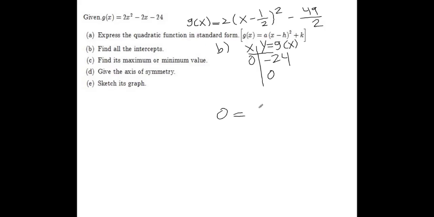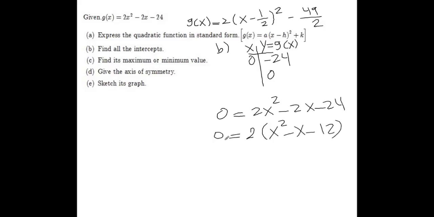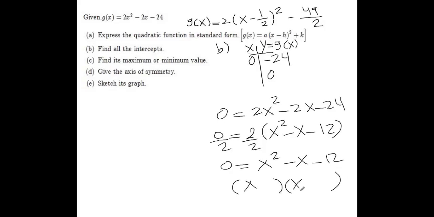So 0 is equal to 2x squared minus 2x minus 24. Here I can factor the 2. If I want to solve for x, I would have to factor x squared minus x minus 12, and this is factorable. Here I get x and x. You get 3 and 4. You want to get minus 1 out of that, which would be minus 4 plus 3.